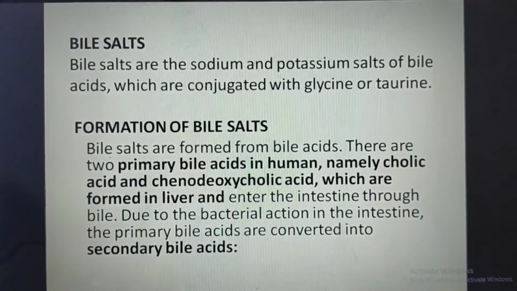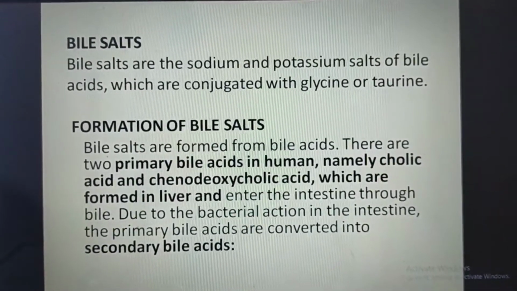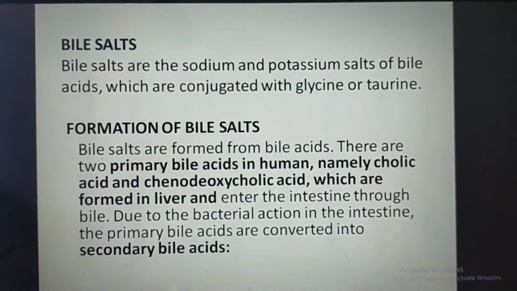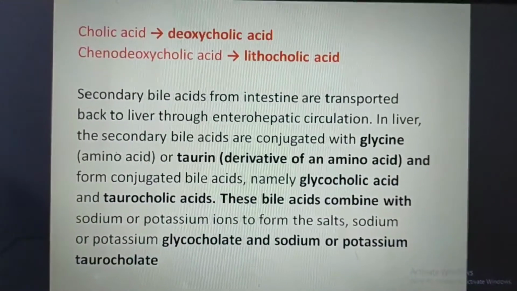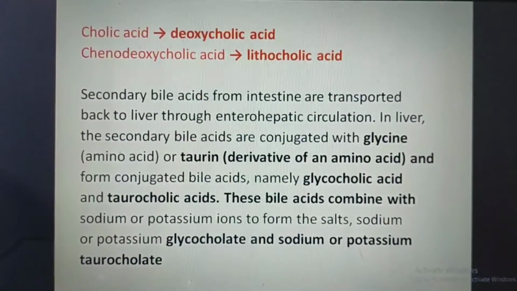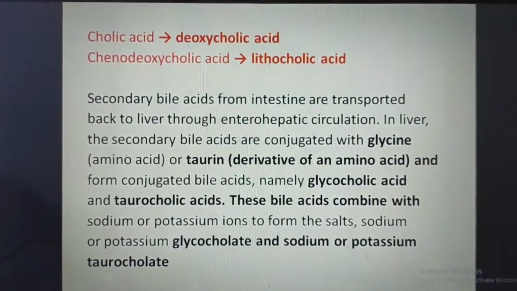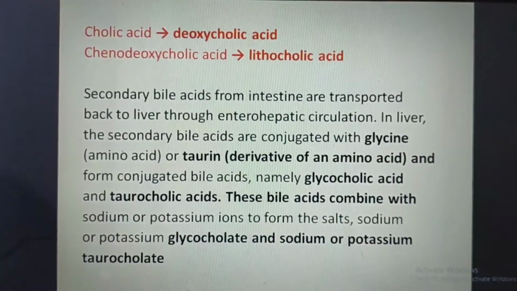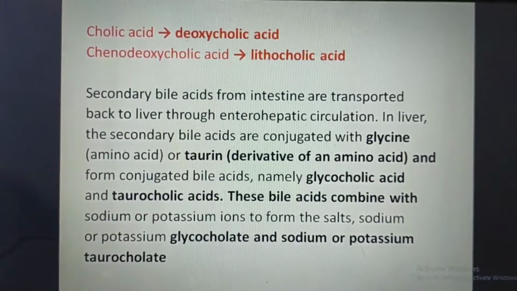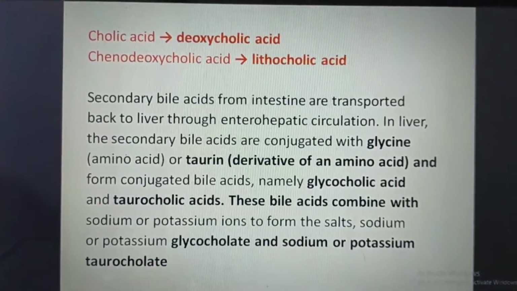Due to the bacterial action in the intestine, the primary bile acids are converted into secondary bile acids. Cholic acid into deoxycholic acid and chenodeoxycholic acid into lithocholic acid. Secondary bile acids from the intestine are transported back to the liver through enterohepatic circulation.